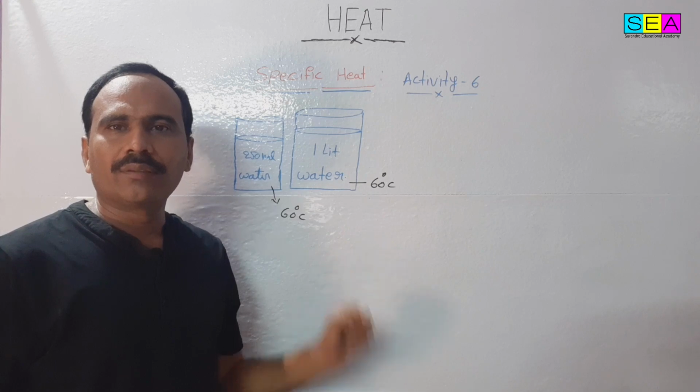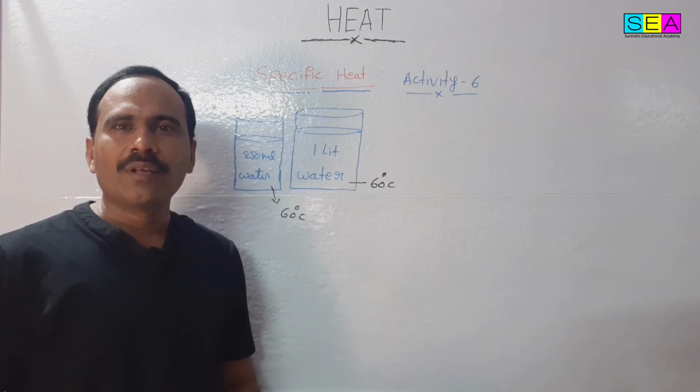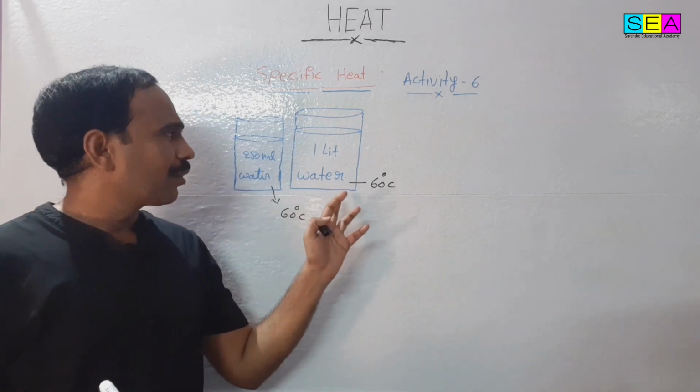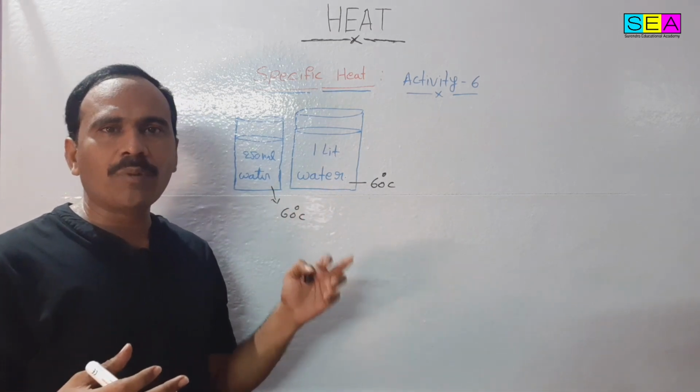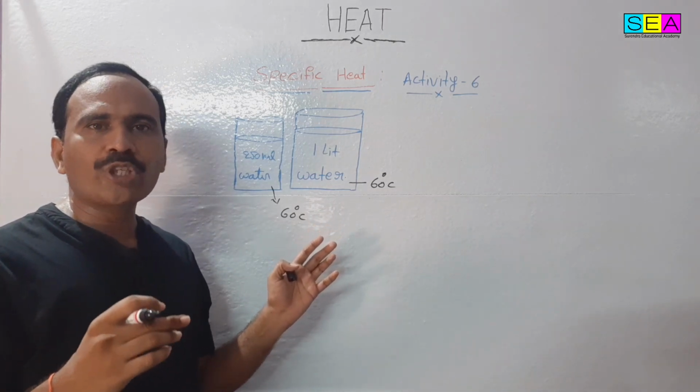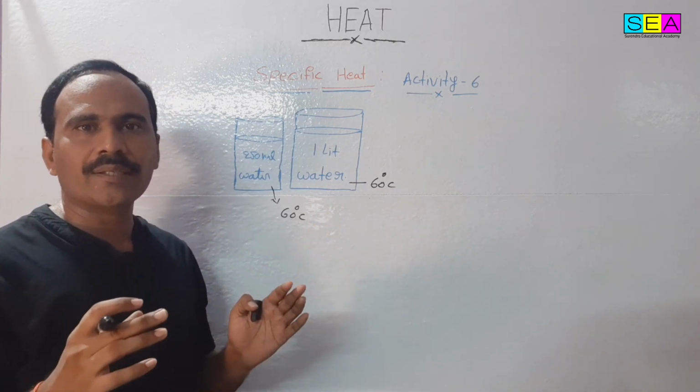From this activity, we can understand that for the same change in the temperature, the heat energy absorbed by the substance is directly proportional to the mass of the substance.